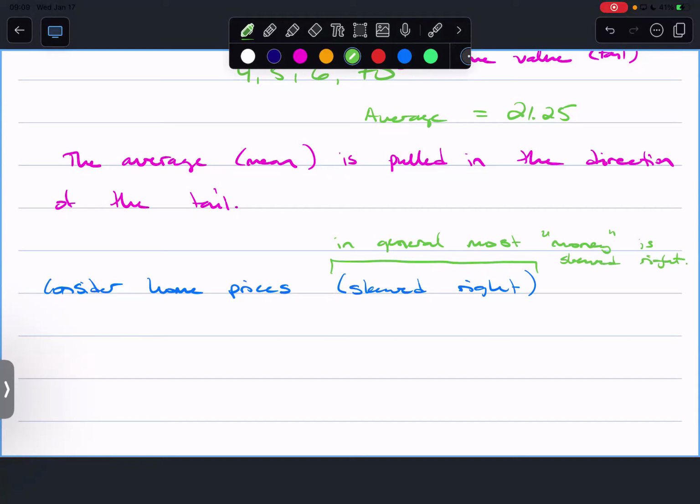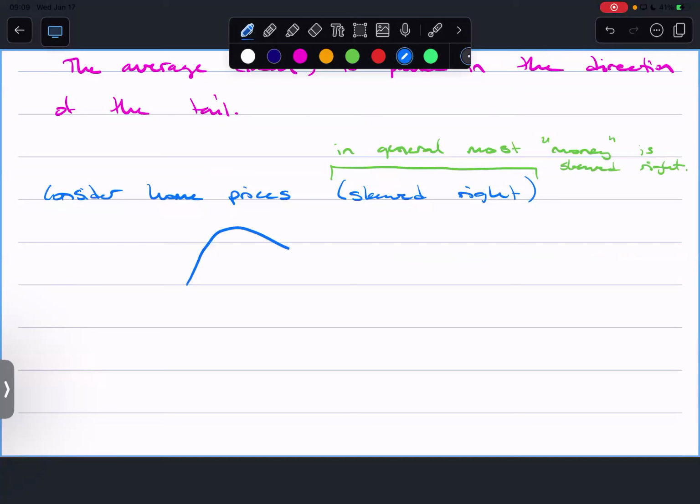Things like salaries and selling prices and lots of money things are skewed right. You'd have to make the graph and look at it to make sure, but as a jumping off point, it's typically true. So home prices are skewed right, and we've got most prices down here, and then very few homes selling for lots and lots of money.